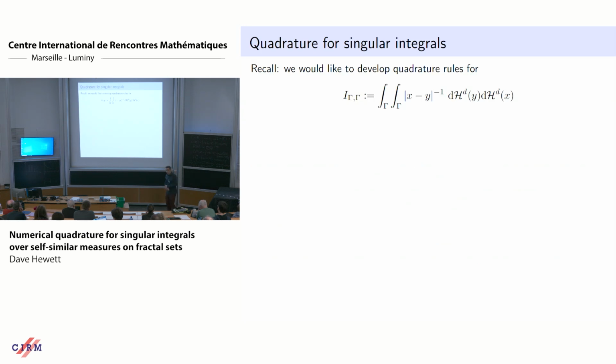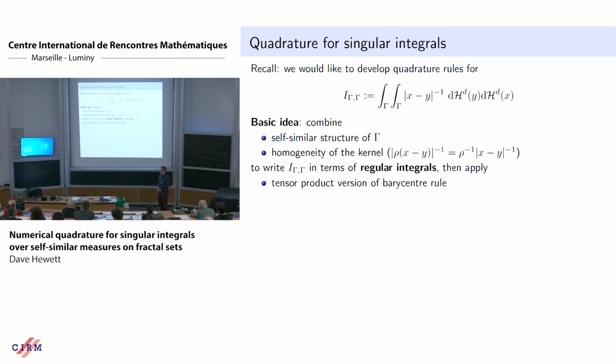Okay, we wanted to talk about singular integrals. So this double integral, and the basic idea is to use this composite barycenter rule in combination with the self-similarity of the set. So we're going to use the self-similar structure of gamma, and also the homogeneity of this kernel. This kernel behaves nicely under similarities.